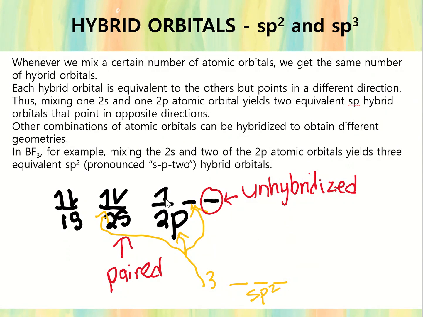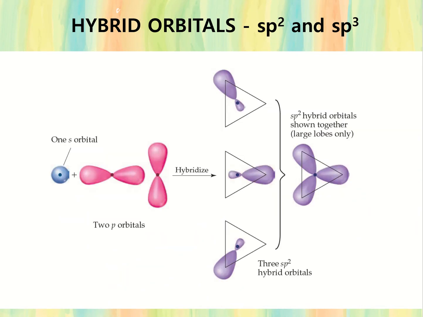So one, two, three mix together to form three sp2 hybrid orbitals. We have one s orbital mixing with two p orbitals to form three sp2 hybrid orbitals, seen here.